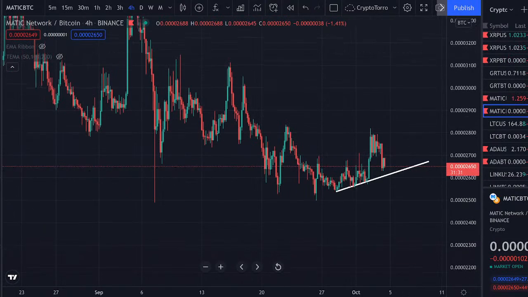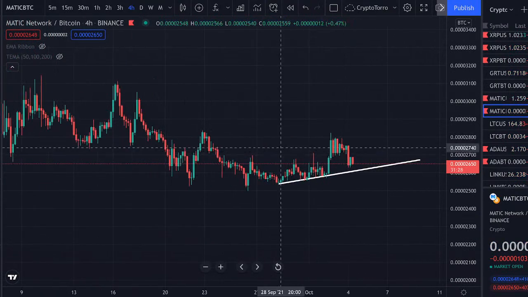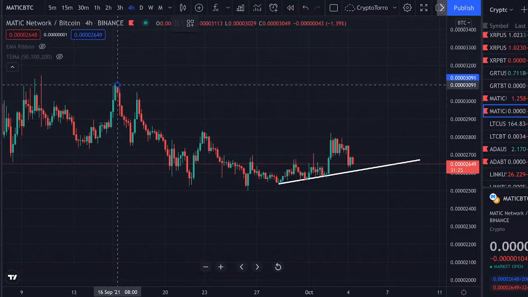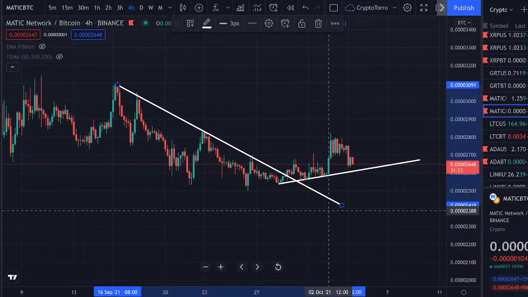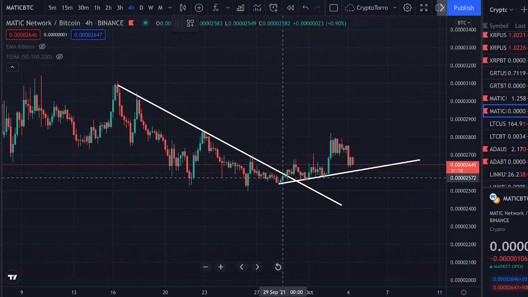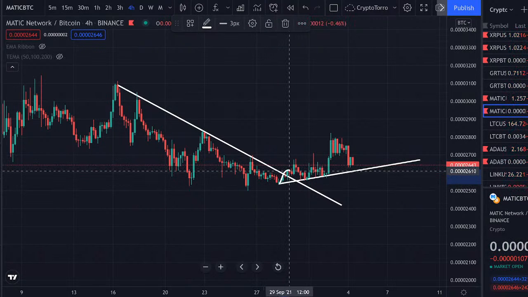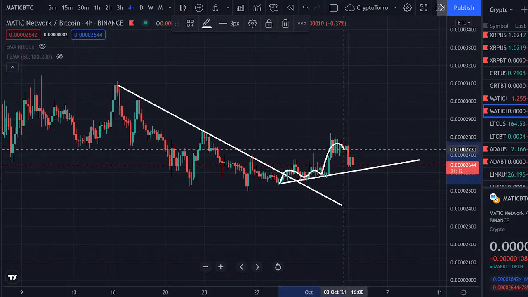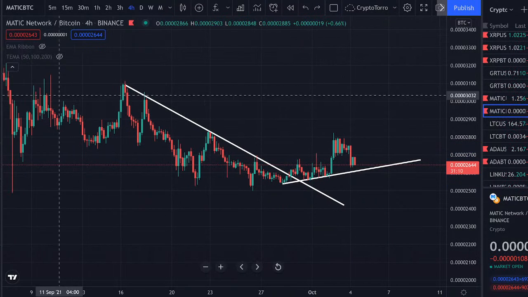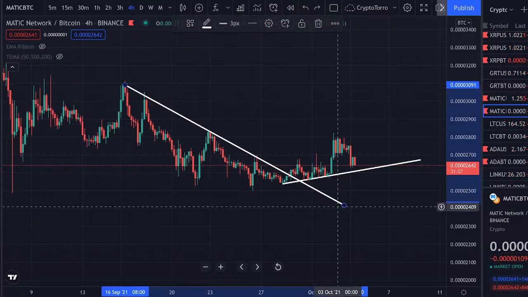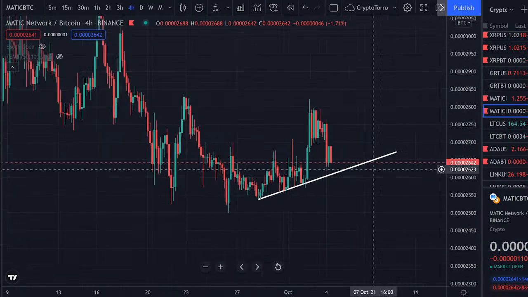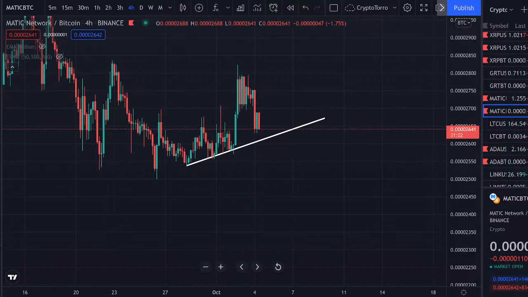And as well, if we take a look at these touch points over here, you can see that we are no longer inside of a downtrend, due to the fact that approximately on the 29th of September we were able to break out above it, and we are now experiencing upward momentum on Polygon compared to Bitcoin. Therefore I think it is very likely that we are going to see a further increase. You have to take this ascending support into consideration, because if we break out underneath it, we might experience momentum further towards the downside on Polygon as well.